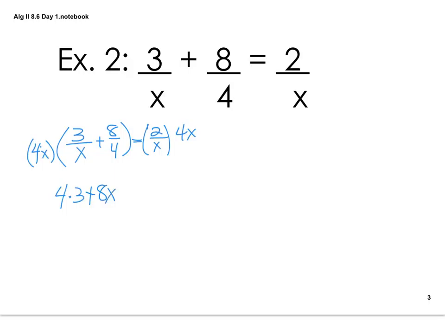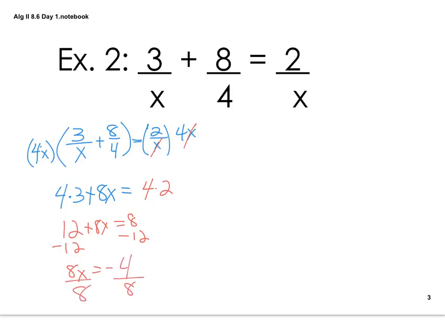Then over here, when I multiply by 4x, these x's will cancel out, and I end up with a 4 times 2. So what I really have is 12 plus 8x is equal to 4 times 2, which is 8. I can subtract 12 from both sides, and I'll end up with 8x is equal to negative 4. Then if I divide both sides by 8, I end up with x is equal to negative 1/2.